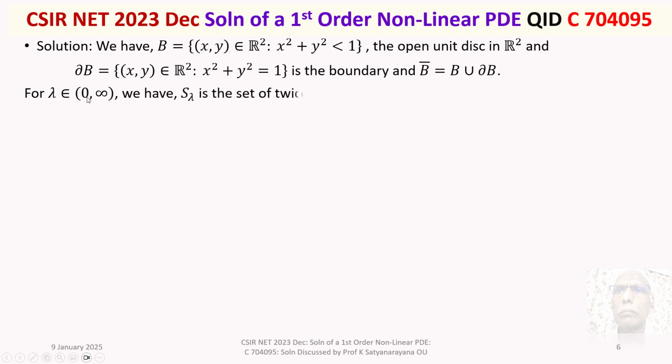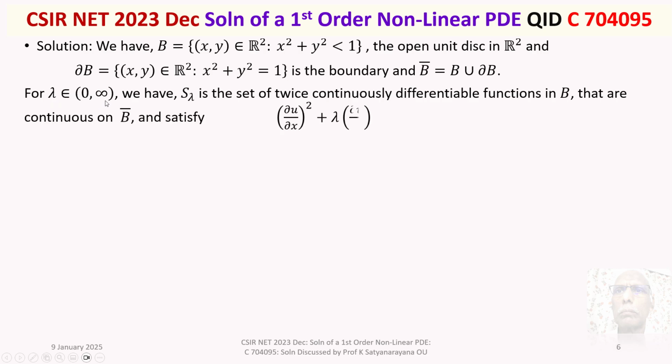For lambda belonging to 0 to infinity, so lambda is coming from the open interval 0 to infinity, and S lambda is a set of twice continuously differentiable functions in B that are continuous on B bar and satisfy this first order nonlinear partial differential equation, (del u by del x) whole square plus lambda times (del u by del y) whole square is equal to 1 in B. Call it equation 1.